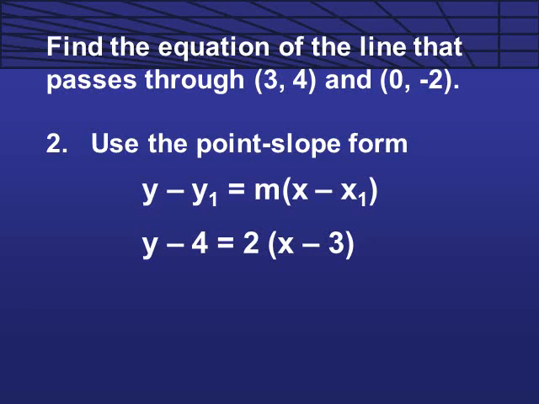Now I need to use the distributive property and multiply that 2 times the x minus 3, which gives me 2x minus 6, and then I need to get y by itself. So I'm going to add 4 to both sides, and then I get my y-intercept form. This is my y equals mx plus b, and that's your answer.